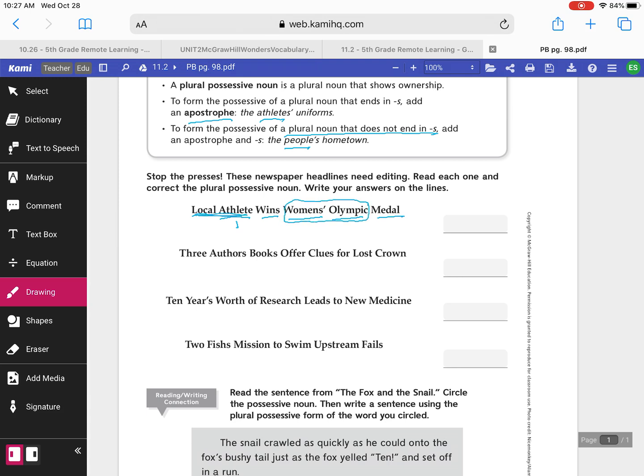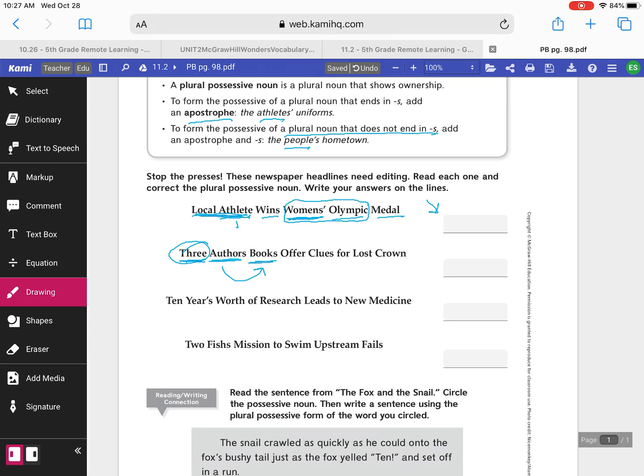Is this written correctly? If it's not, write it here. If it is, then rewrite it the same way. Three authors' books. We're talking about more than one. How would we change this sentence?